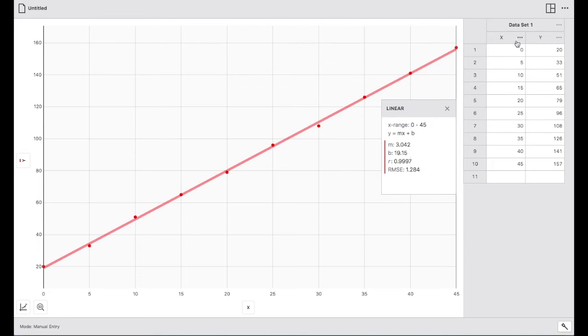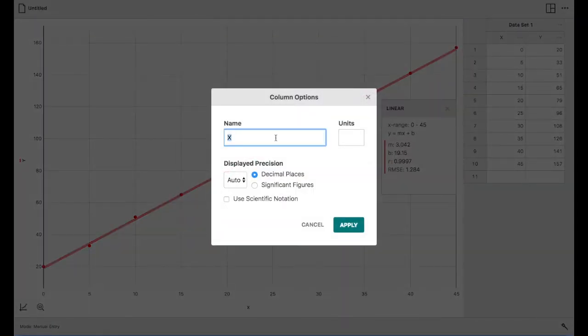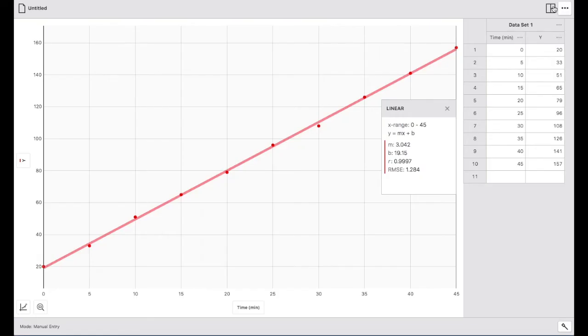So I can go up to this little ... next to the x and think about what I put on the x-axis. And if you'll remember from a previous video, the x-axis that I used here is time, and these are minutes. And for my y-axis, this is temperature.